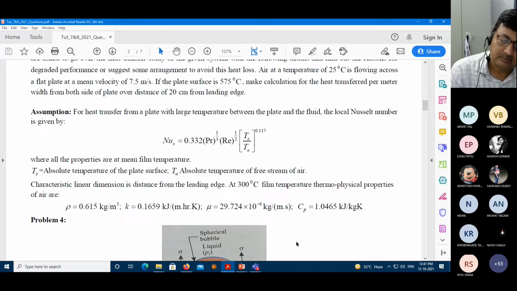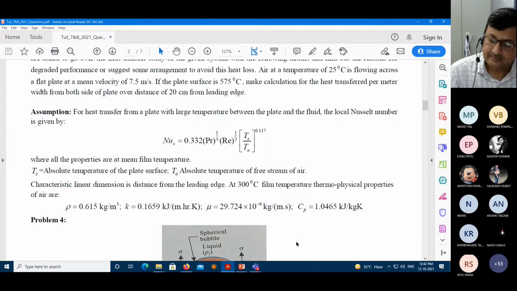So 7.39 into 10 to the power 4. What is the unit? See, 2 into 96 into 0.2 into 1 into 575 minus 25.